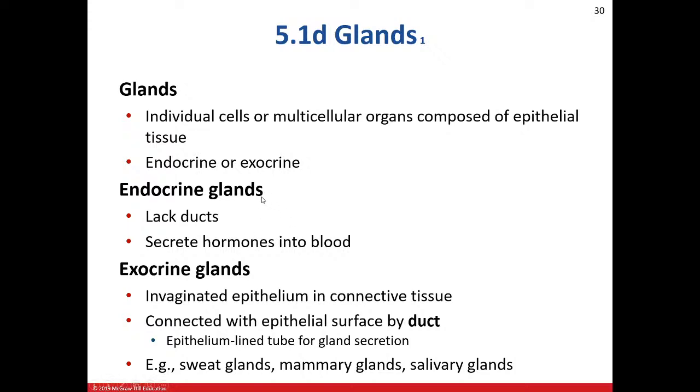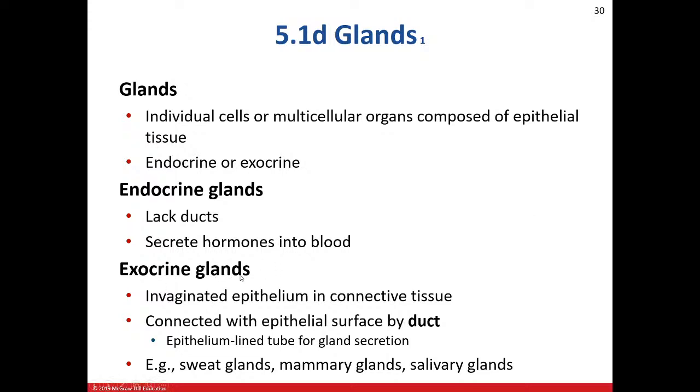Endocrine glands do not have ducts. They produce their product and directly secrete it into the environment around them, but it diffuses from there into the bloodstream. So endocrine glands have a rich blood supply, and they secrete their products out of the cell, and then that diffuses quickly into the bloodstream.